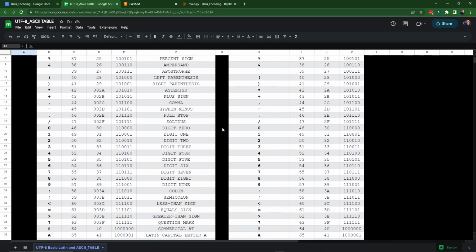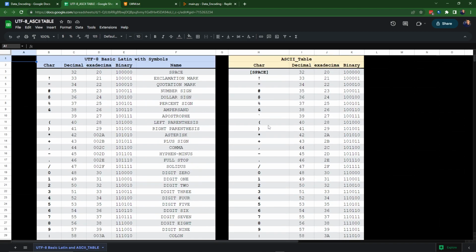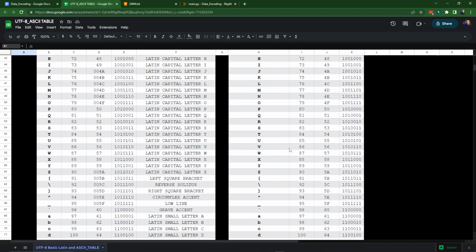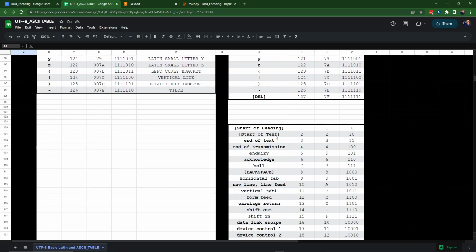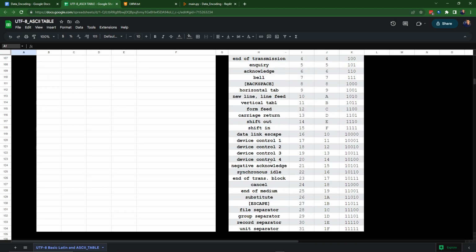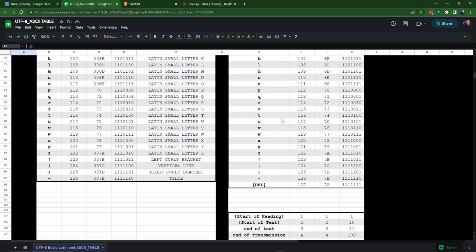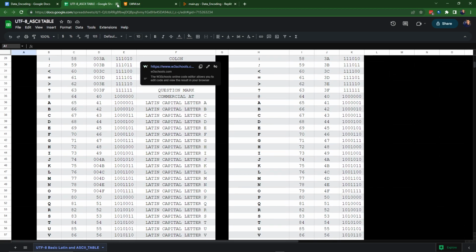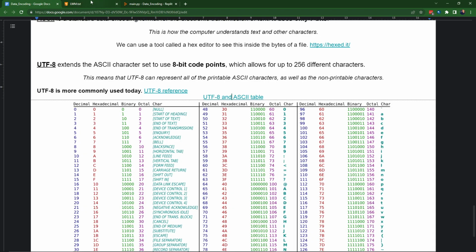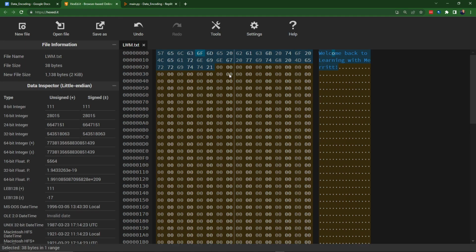And then this is the UTF-8, this is the ASCII, and they're pretty much identical because UTF just extends ASCII. And then I added some of the control characters that you have there. So anyway, something interesting to look at. It's a nice little table that you'll play around with, be very helpful. And of course you can find a lot of this stuff at W3 Schools. Very good website.